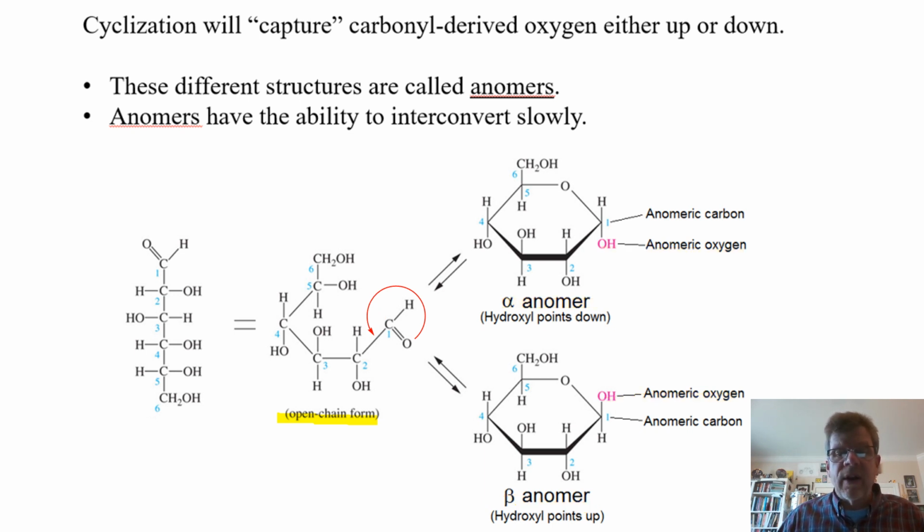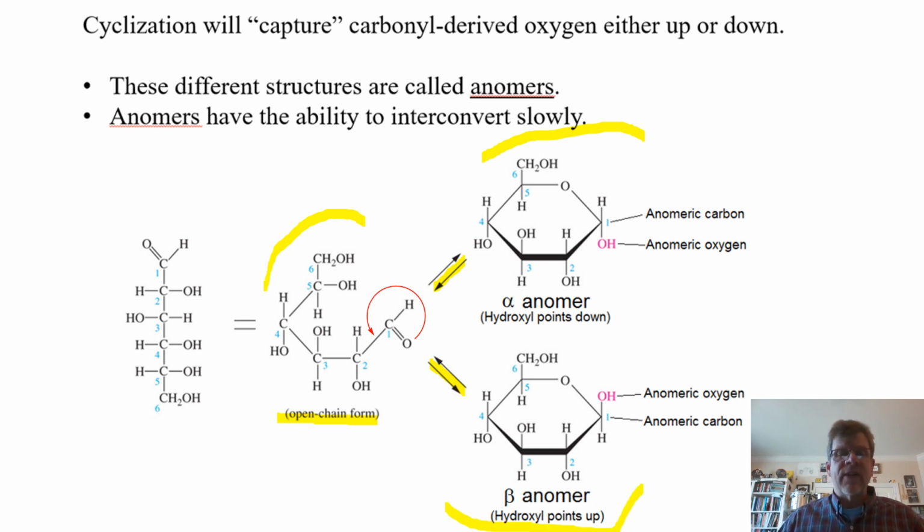These arrows here, and let me highlight them, they are back and forth, back and forth. So what we have here is an equilibrium between the open chain form and the closed chain form, whether they be the alpha anomer or the beta anomer.